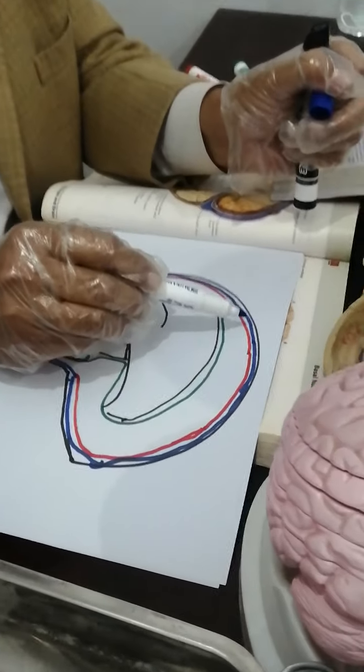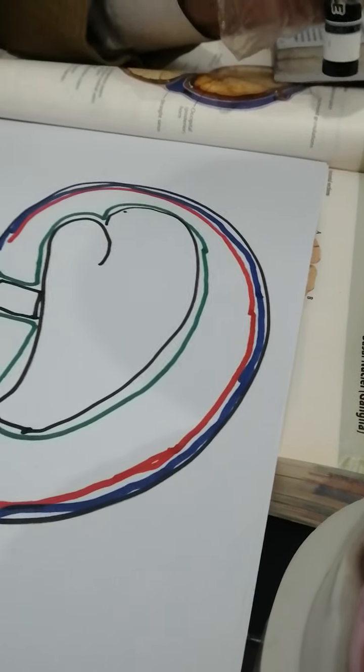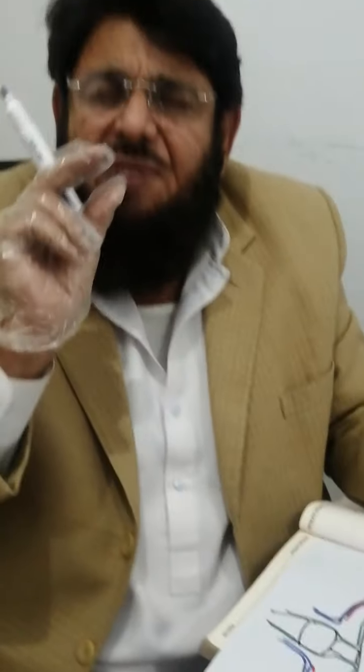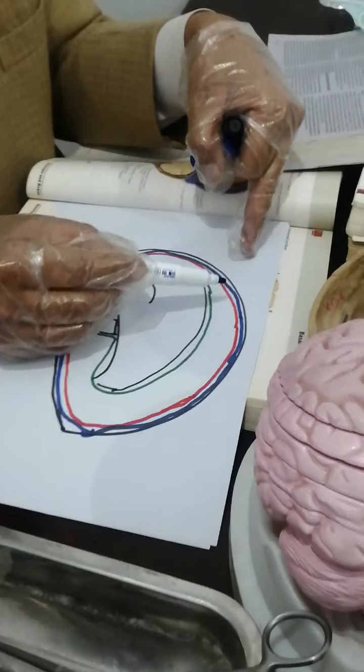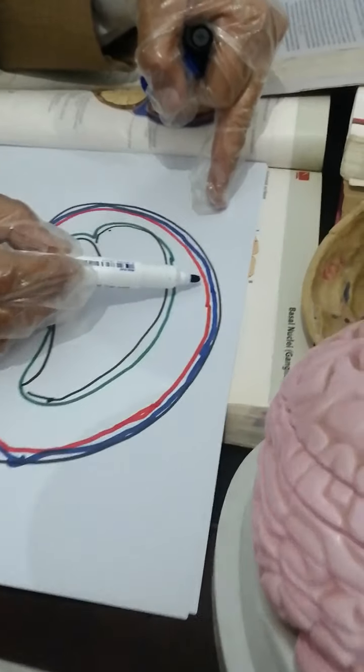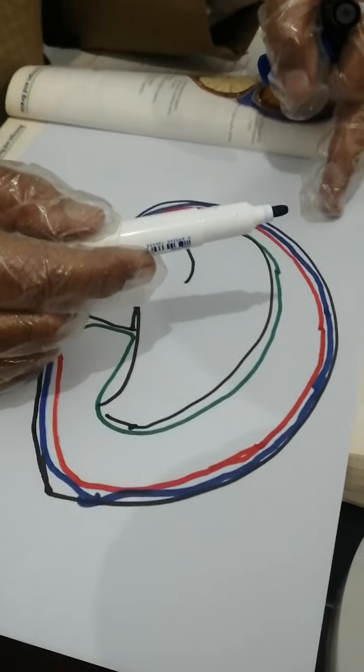The space between them is very small. Only a thin film of fluid lies in this potential space between the meningeal layer of dura mater and the arachnoid mater, and this is called the subdural space.